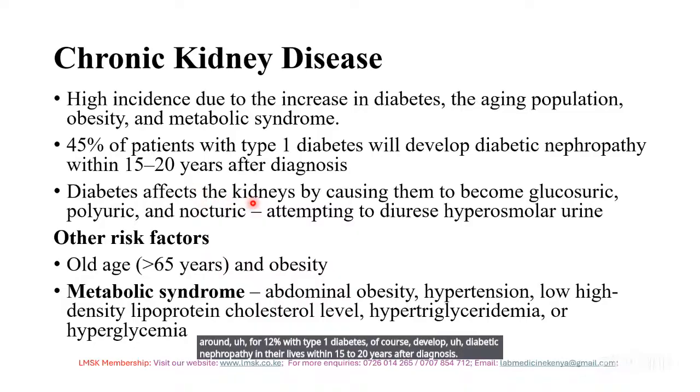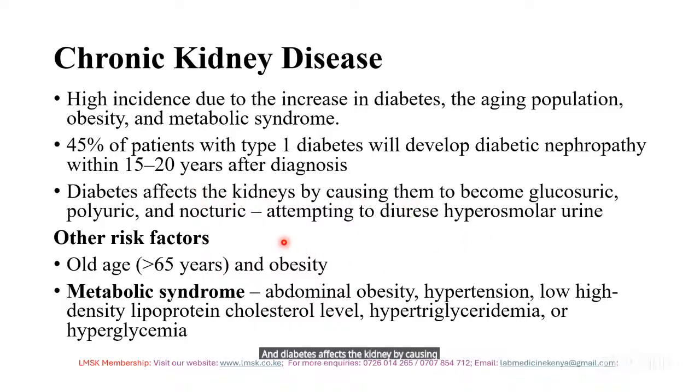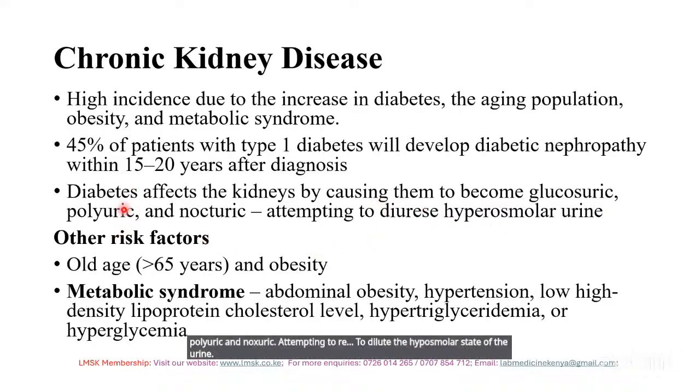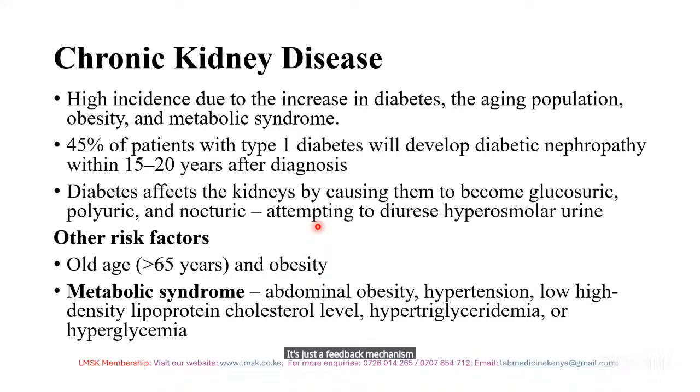And diabetes affects the kidney by causing them to become glucosuric, polyuric, and osmoturic, attempting to dilute the hyperosmolar state of the urine. It's just a feedback mechanism that the kidney is trying to control.